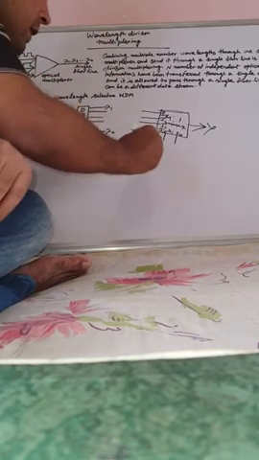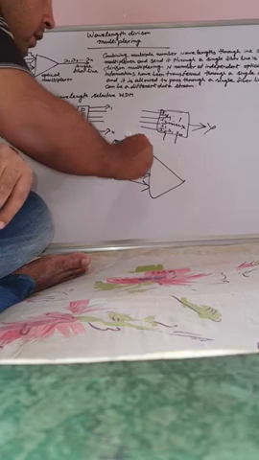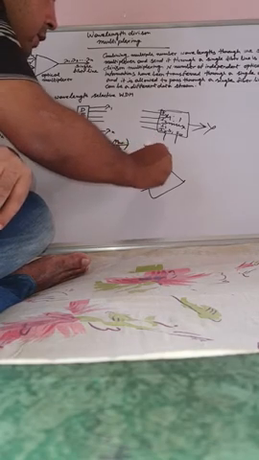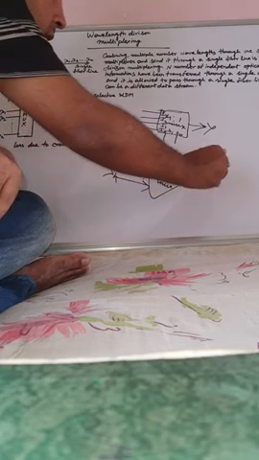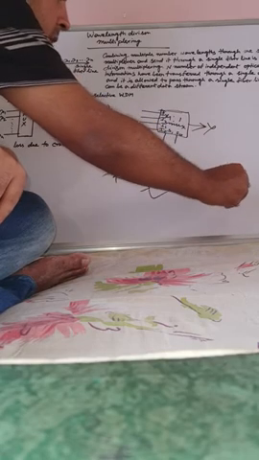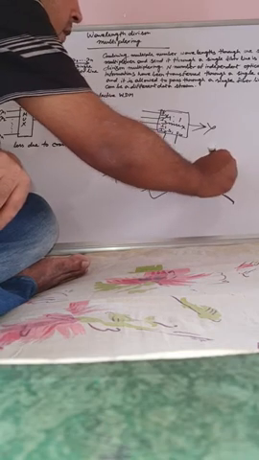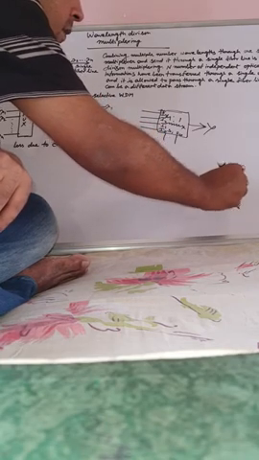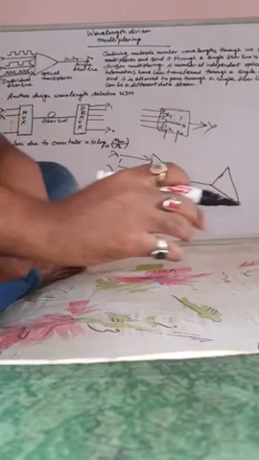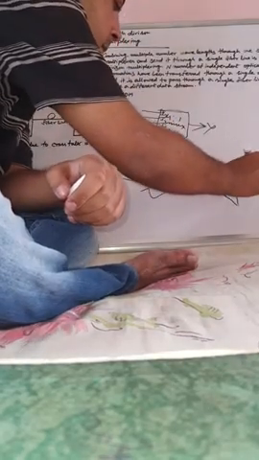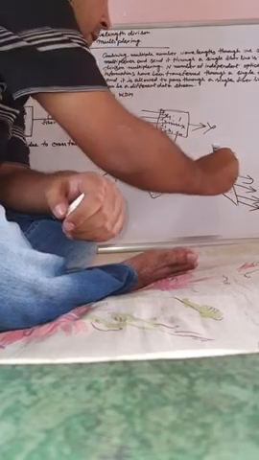Actually the diagram looks like this. This is your lambda 1 to lambda n. This is your optical mux, and this is your optical demux.